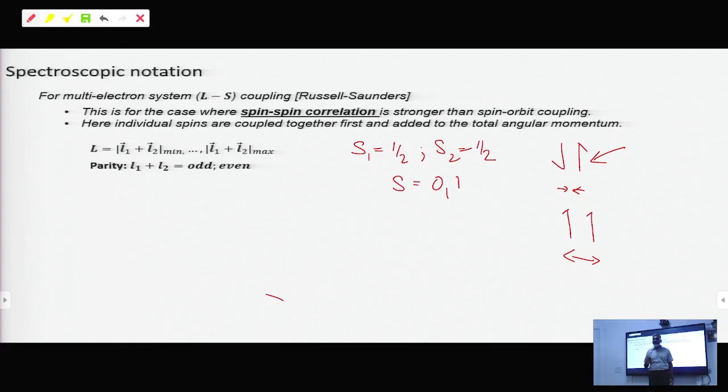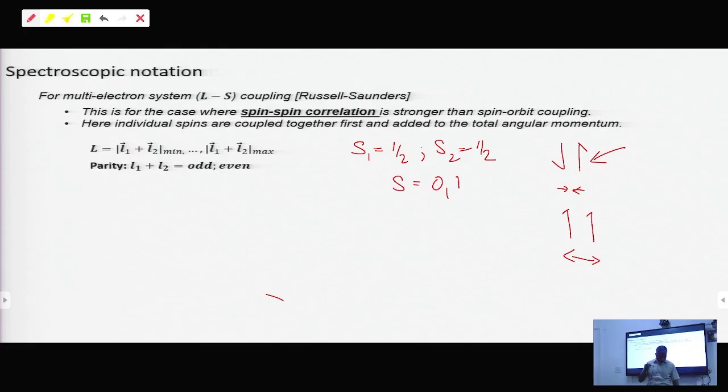Did you get the point? Because of the exchange potential and indistinguishability, the parallel electrons tend to be further apart than the anti-parallel ones.